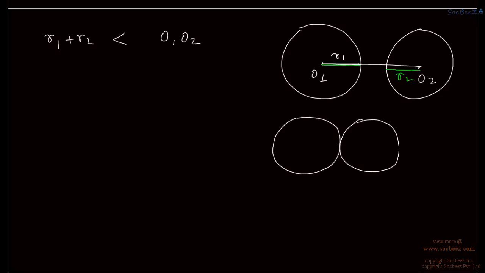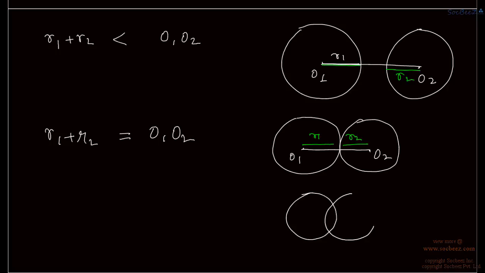Now, when they touch each other, R1 plus R2 is equal to O1 O2, isn't it? Because this is R1 and this is R2. So we have R1 plus R2 is equal to O1 O2. Now the third case.